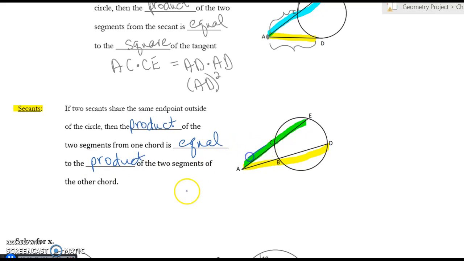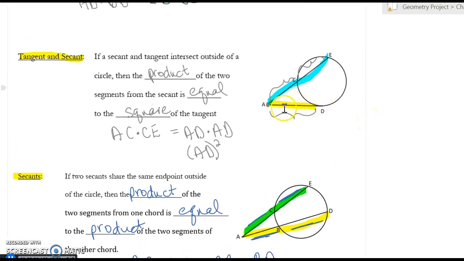My first part is AC, times the other part, CE. That's the same as A to B times B to D. So it's the same idea for all of these. The only one that's really different is this tangent one, because there's only one piece, so you don't have anything else to multiply it by.